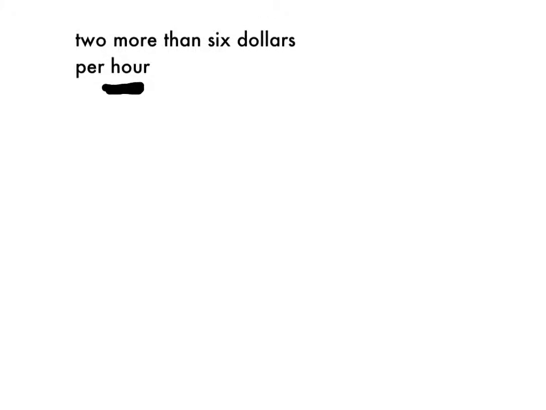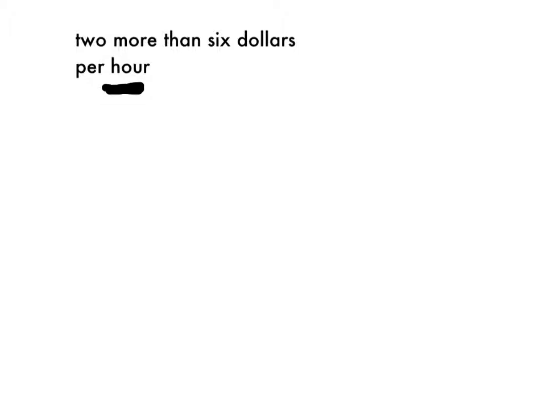Okay, let's get a little fancier than this one. I typed out 2 more than $6 per hour, and let's change that to an algebraic expression. The keywords are more than, that's adding, and $6 per hour, that would mean $6 times every hour that you work, right? So the unknown here is your hours. You could assign any variable to that: h for hours, or x, or n, whatever you'd like.